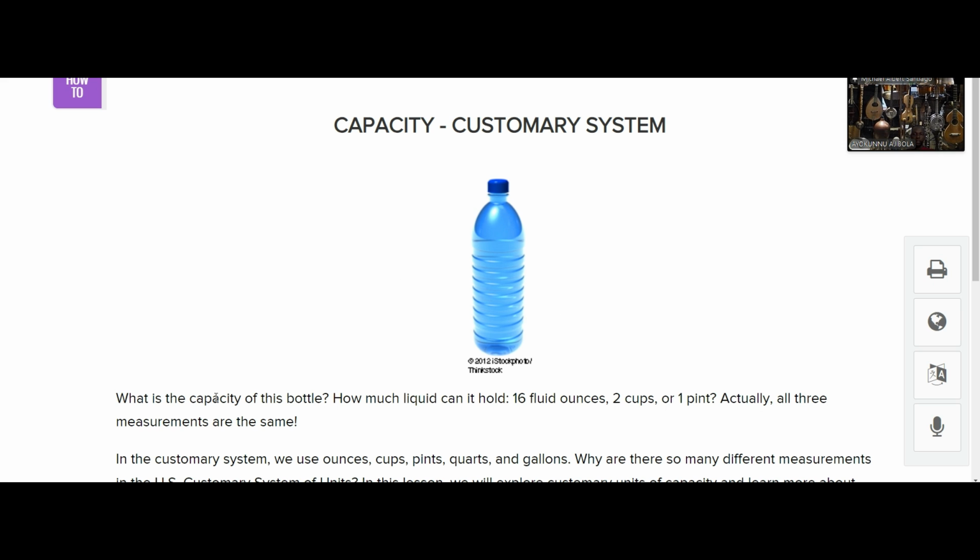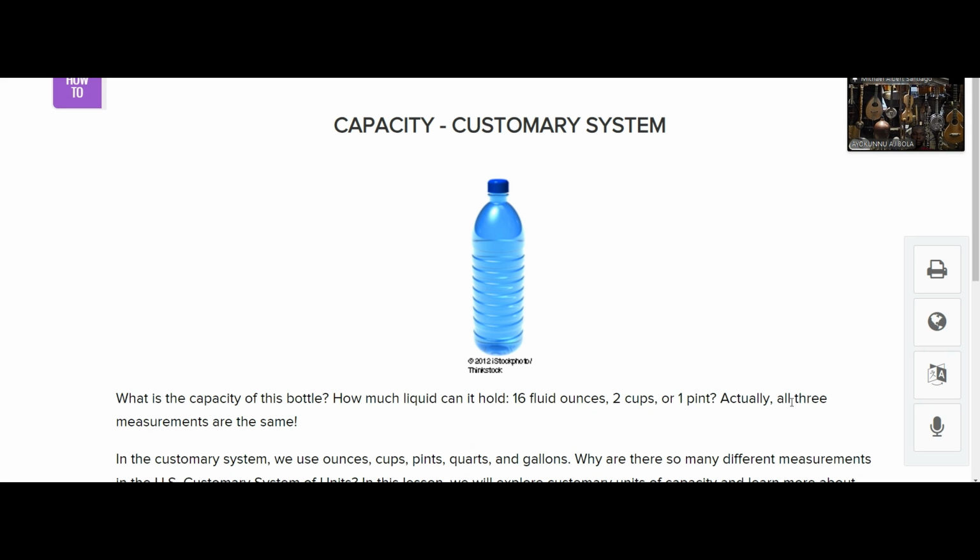You can see this bottle. What is the capacity of this bottle? How much liquid can it hold? 16 fluid ounces, 2 cups, or 1 pint.